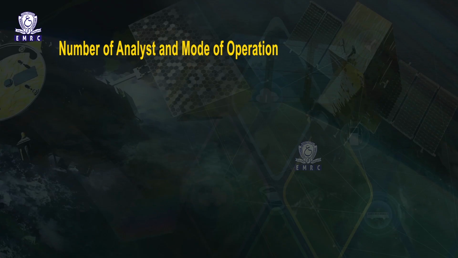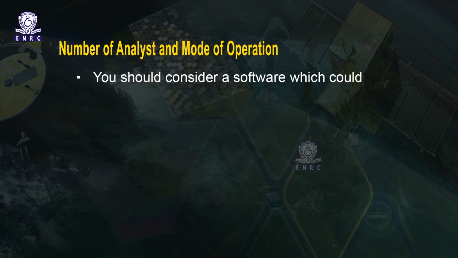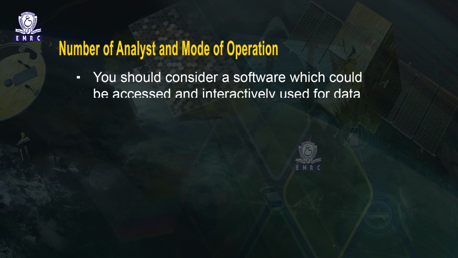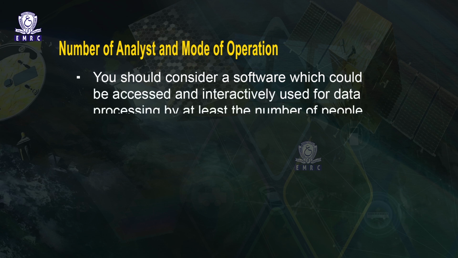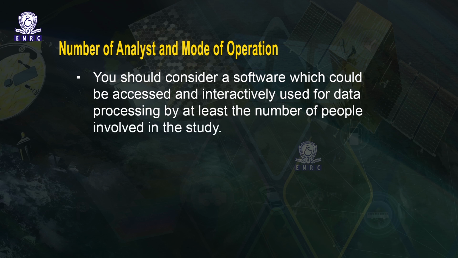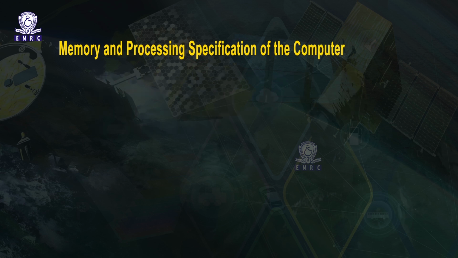It is important to note that these factors should be considered while selecting a digital image processing system. Number of analysts and the mode of operation. You should consider software which could be accessed and interactively used for data processing by at least the number of people involved in the study. Memory and processing specification of the computer.